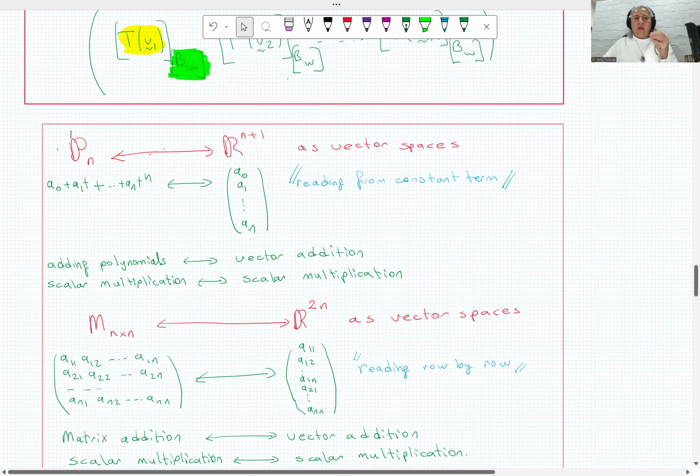This is what we show in our courses: the space of polynomials of degree less than or equal to n.